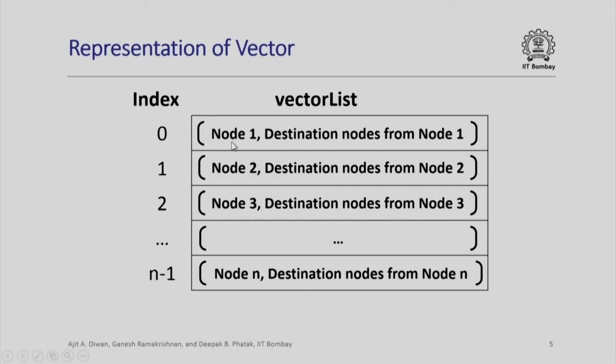So, this shall be the first entry into each of the vector lists. Once that is done, this shall be followed by a list of destination nodes for which the edges emanate from node 1. Similarly, here the edges which come from node 2, etc., etc. You can very clearly see that this represents completely the entire graph that we have in mind.